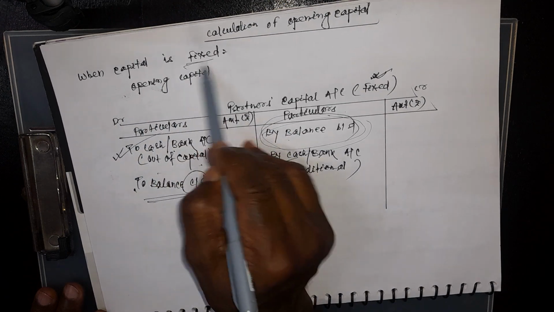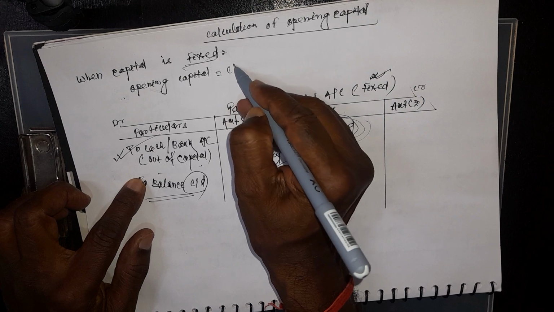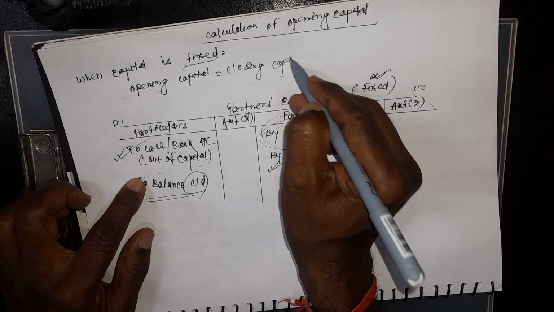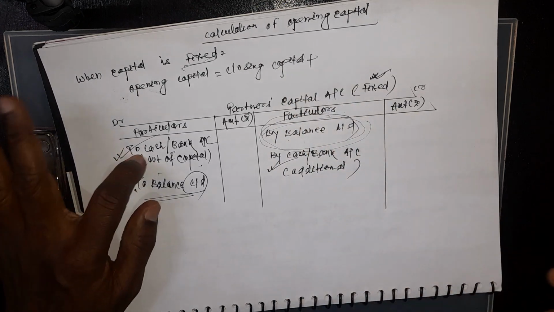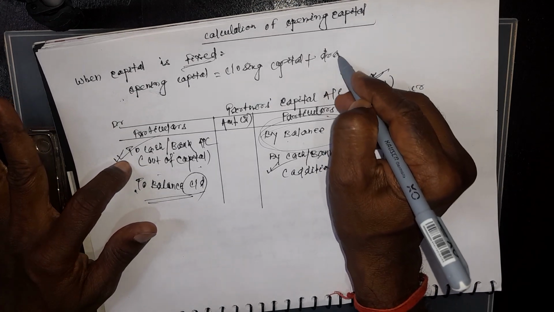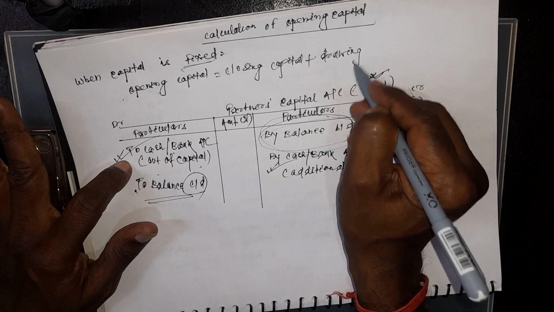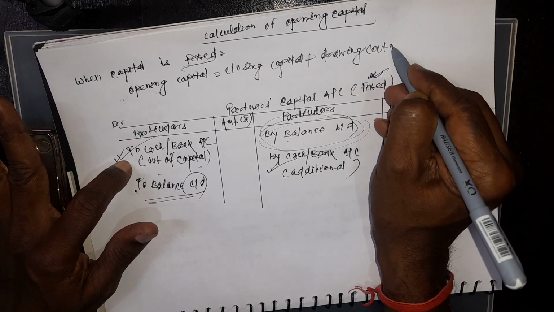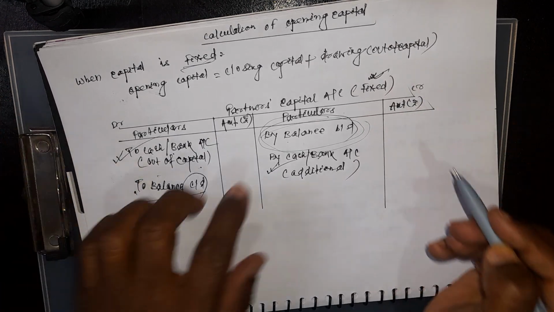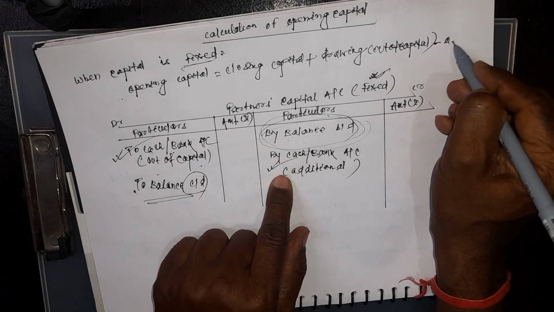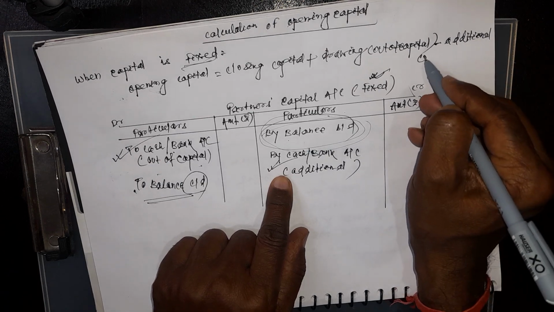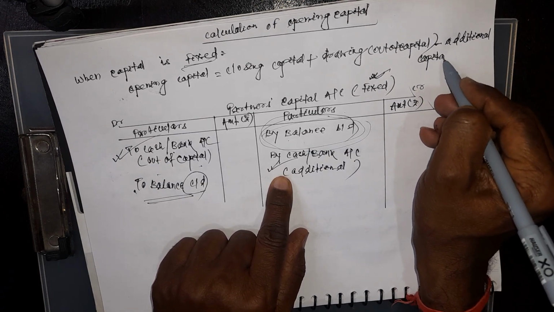Opening capital when the capital is fixed: closing capital, plus drawing out of capital, minus additional capital, equals opening capital.